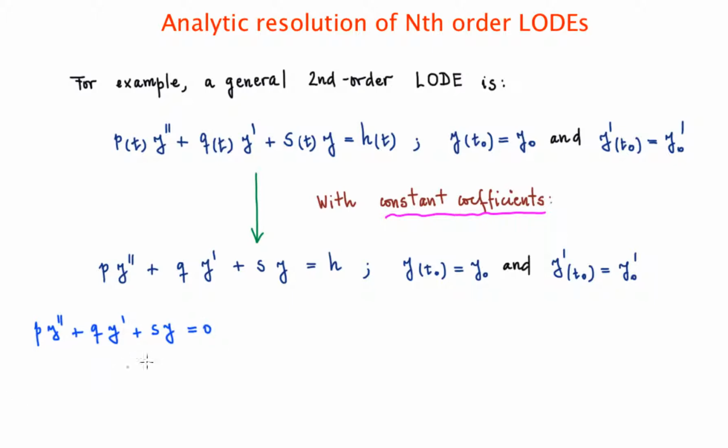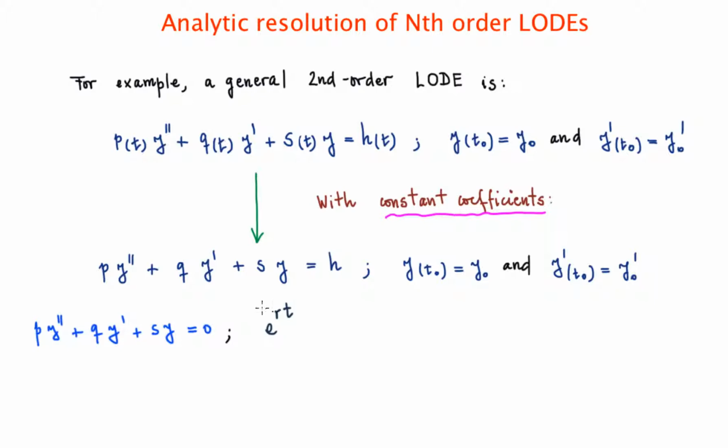This is the homogeneous equation, and we're going to try solutions of the following type: exponential solutions, a times e to the rt, where r is going to be a constant and t is the independent variable.